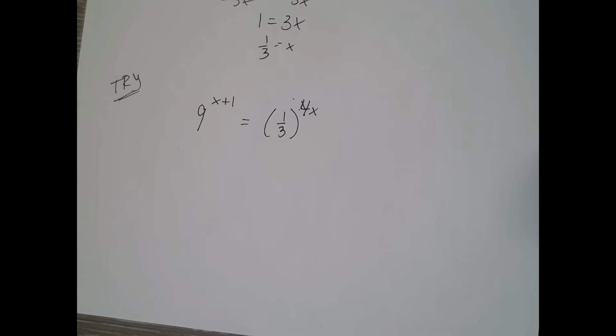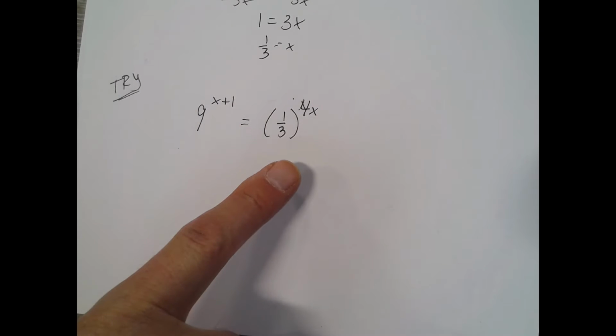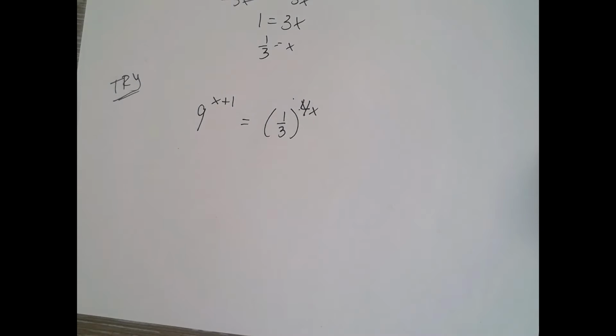So the first thing you're trying to do is find out what base each can be written with. Anybody know what base we should use here? 9 would work. I don't think it's the easiest. I would choose 3. So you could write 9 as 3 squared. What about 1/3? That's 3 to what power? -1. Very good.